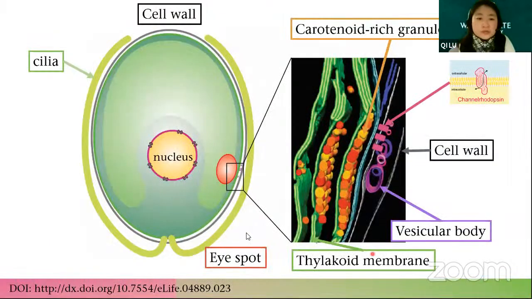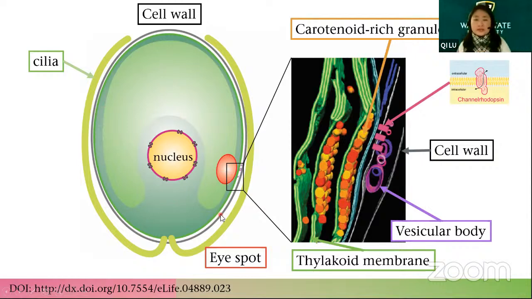So here it shows the basic structure diagram. This green algae has a cell wall and a plasma membrane, and it has two cilia. One is trans and one is cis. Inside there's a nucleus and a cytosol, and there's a starch vacuole within the cytosol.